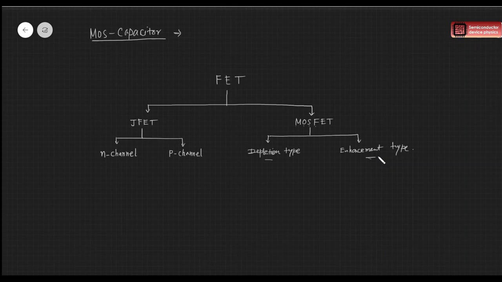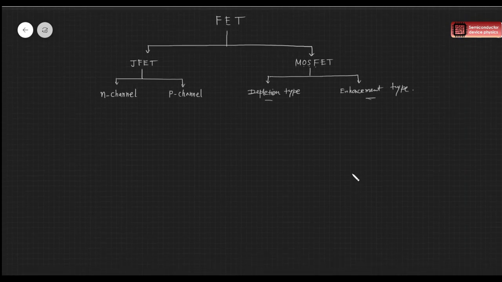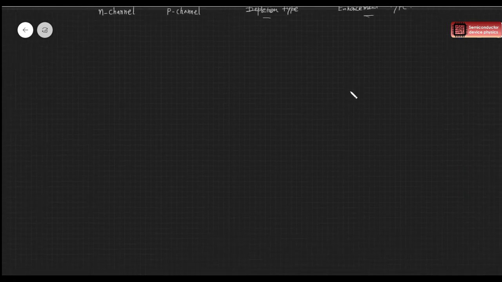Okay, before getting into these two types, let me just compare the working of a MOSFET and a BJT, that is the bipolar junction transistor, which we just learned a few weeks ago, right? So if you compare them, let me just draw a table.